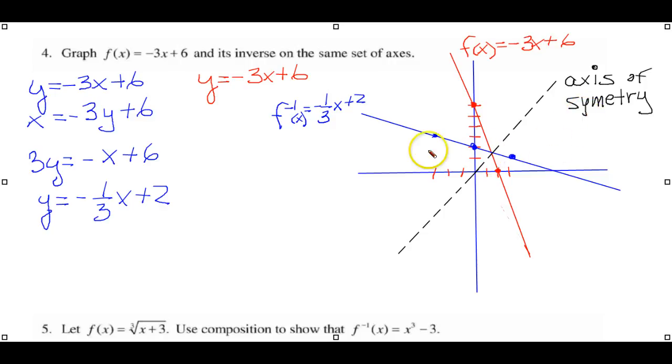Now, an interesting thing about a function and its inverse, if you were to fold this along the axis of symmetry, you would see that these two lines are mirror images, that is, they would go right on top of each other. In fact, I have a little video that shows that in some detail.